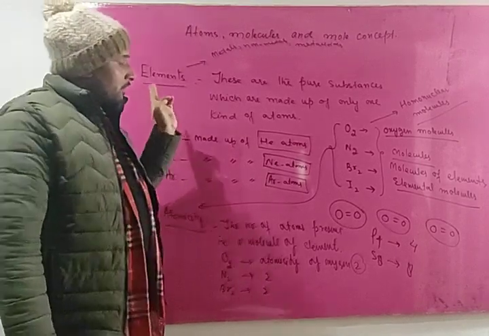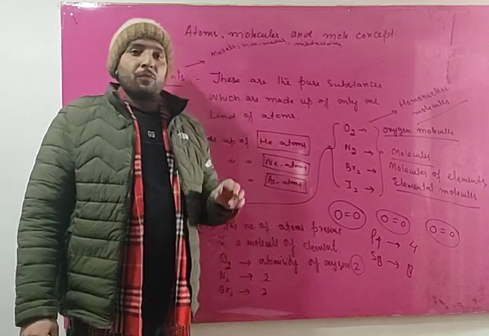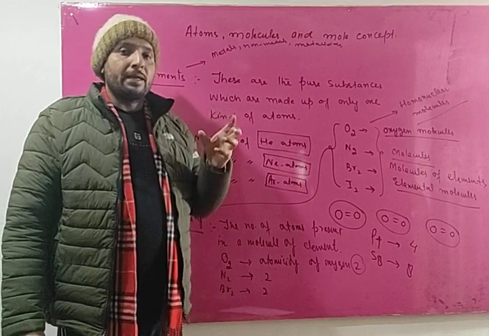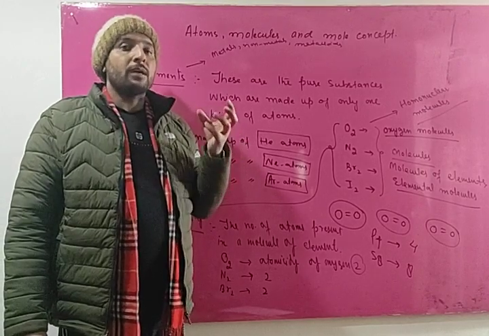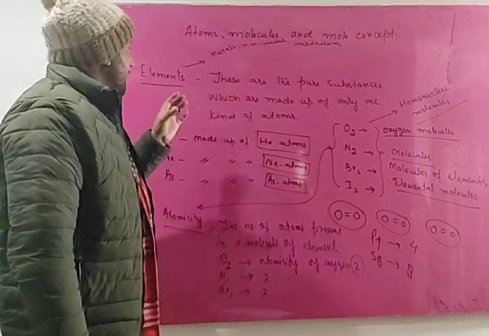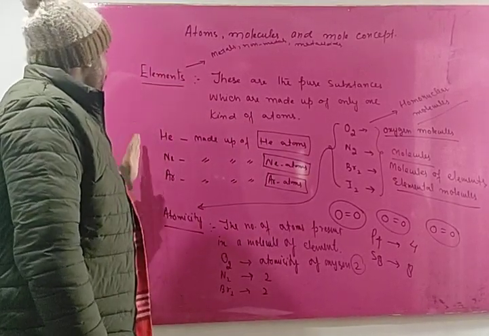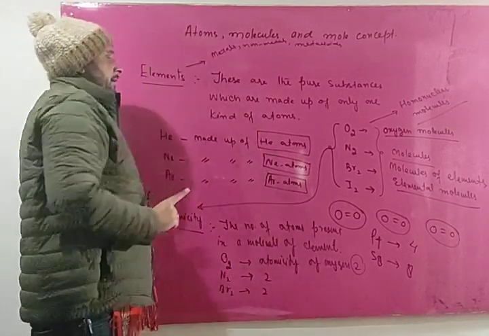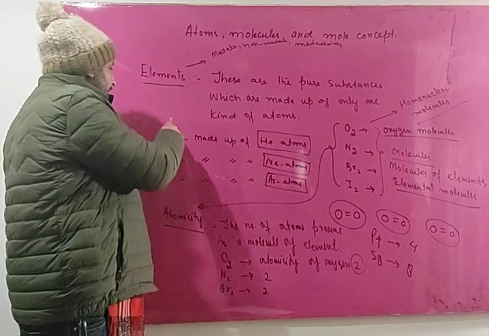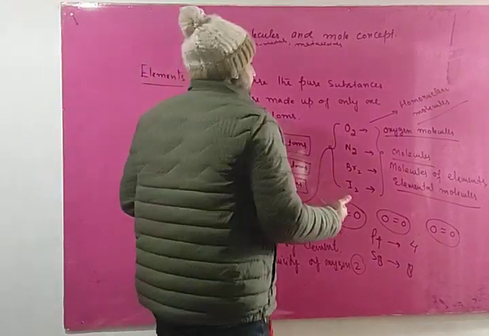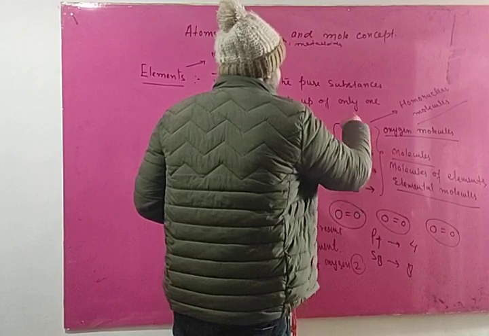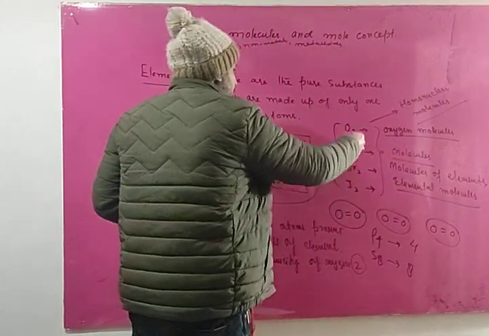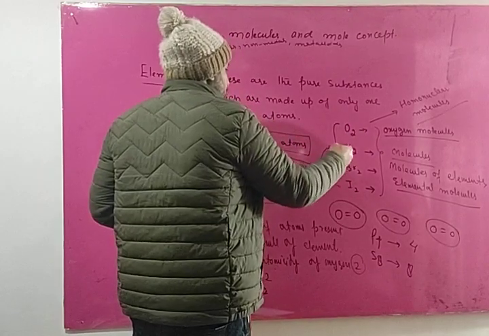And the third category that we are going to discuss is when different types of atoms combine chemically, what do they form? They form compounds. Okay, so the second type of pure substance that we have is compounds. Now, some atoms are independently existent, some atoms exist in the form of molecules, in the form of groups made up of the same types of atoms.